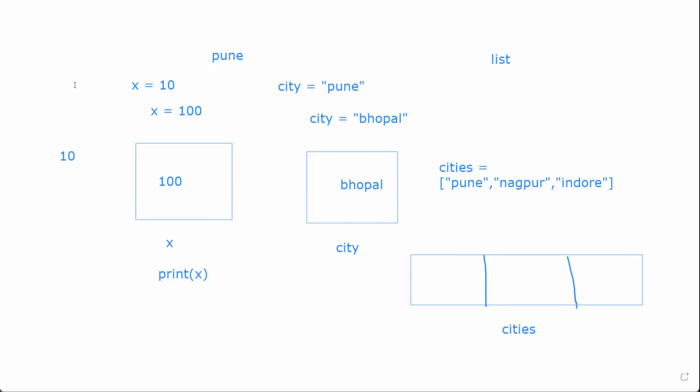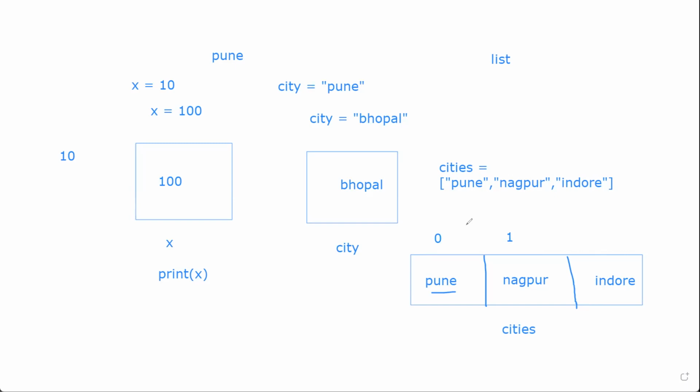For the first block, you will have the value Pune. Second block, you will have the value Nagpur. The third block, you'll have the value Indore. And list stores the values by index. Index basically starts at 0. So if you see, at index 0, it is Pune, right? At index 1, it is Nagpur.